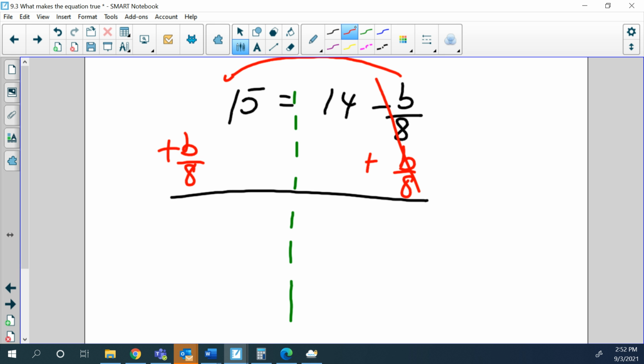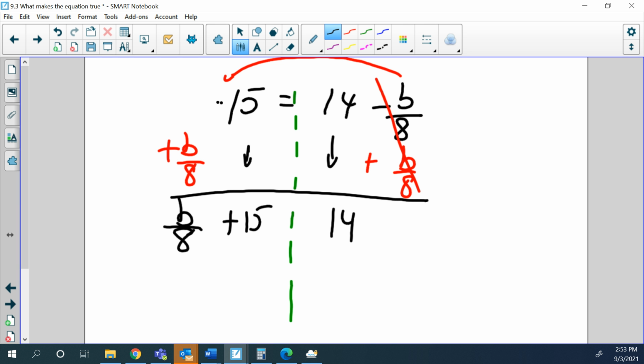And so I just bring down the 14, and so I get 14 on the right side. On the left side now, I'm going to have the b over 8. So that's going to give me b over 8. And then I bring down, this is a plus 15 right here, so I bring that down, all right? That becomes plus 15.